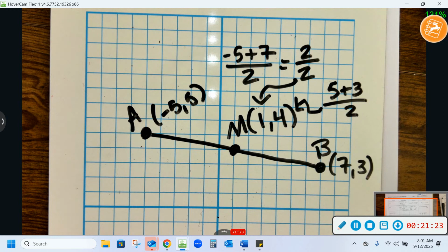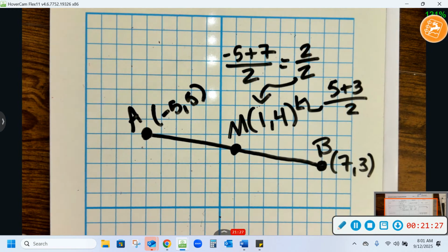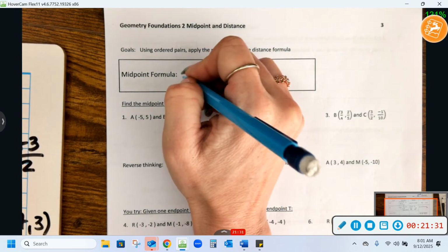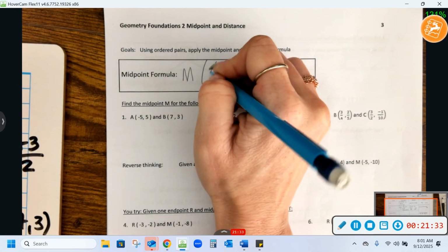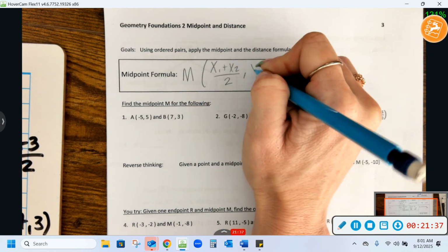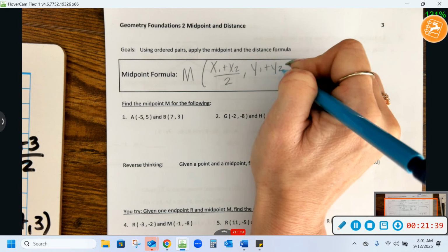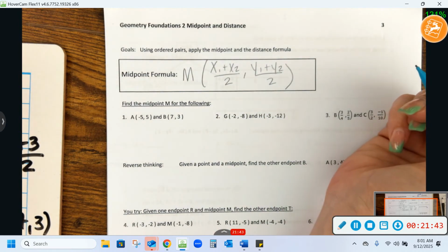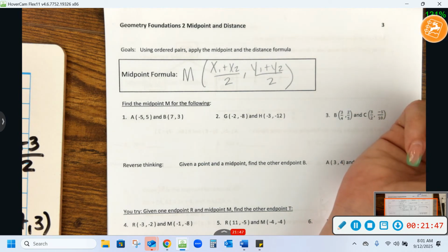We're so smart. Hey, that's the formula. You just figured it out. Midpoint is always x1 plus x2 divided by 2, y1 plus y2 divided by 2. But because we just saw it visually, it helps us not forget it.